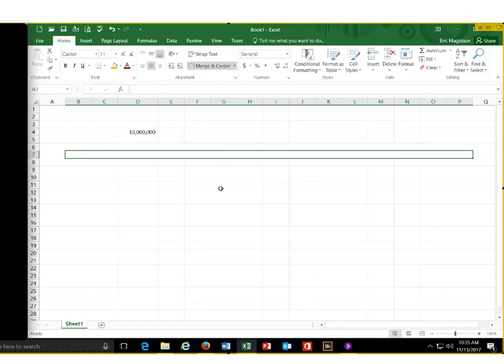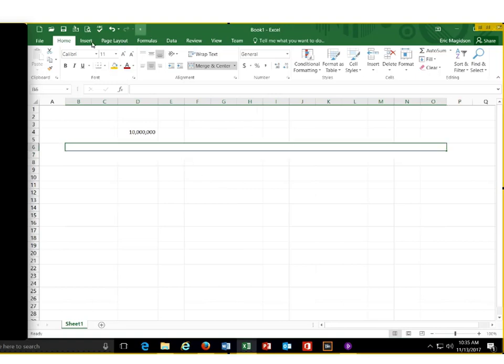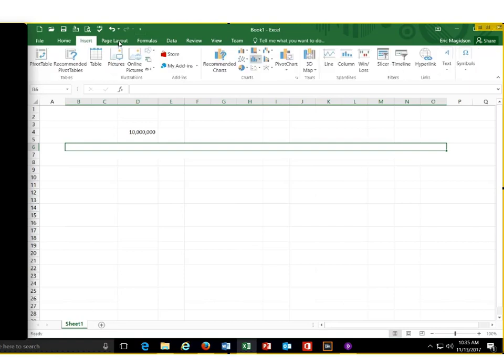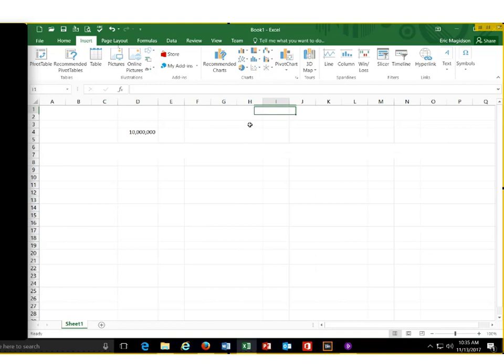We're going to look at it from the side. So as we look at Excel from the side, normally we would look at Excel this way, okay?